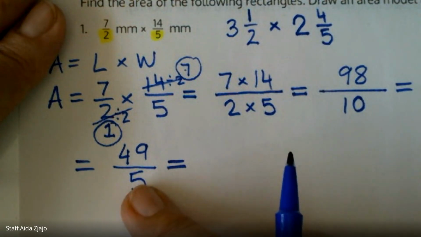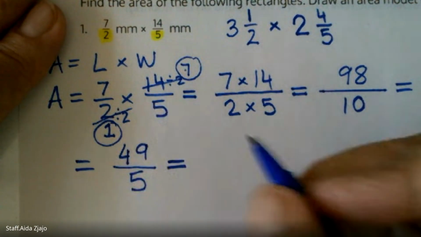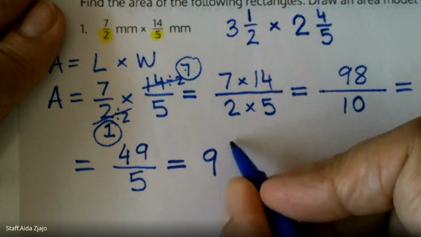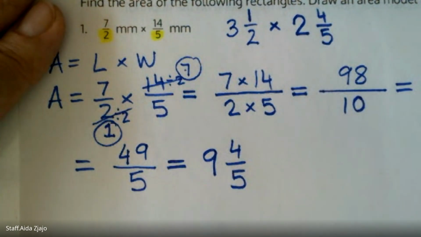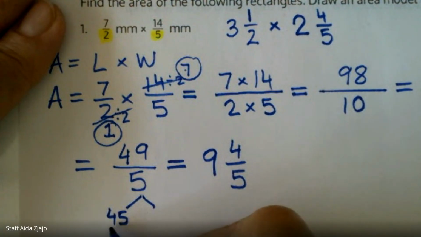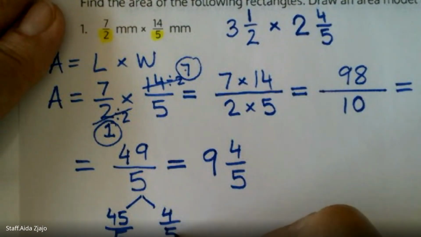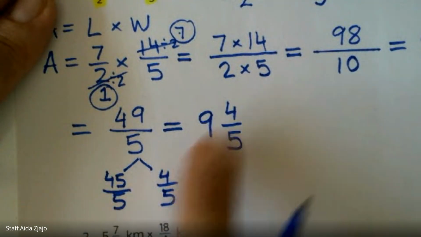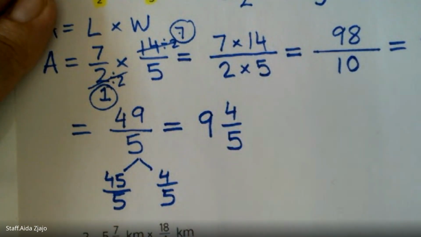So if I think how many fives are in 49, there are 9, because 9 times 5 is 45, and I will have 4/5 left. If I decompose this, I would decompose it into 45/5 and 4/5. 45 divided by 5 is 9, and 4/5, 4 out of 5 pieces left.